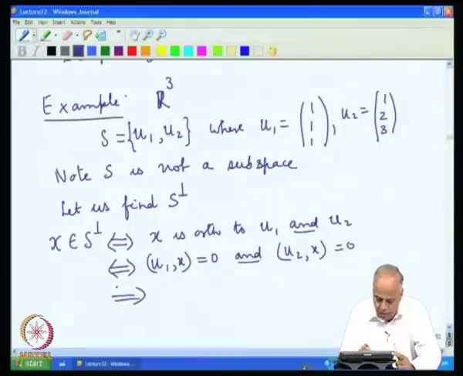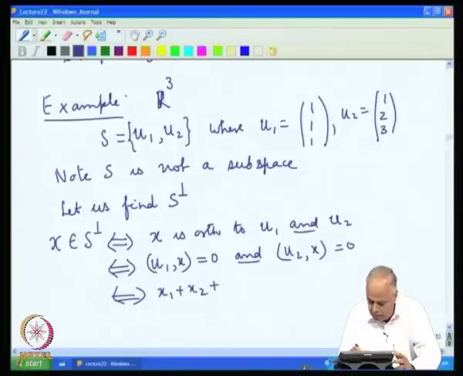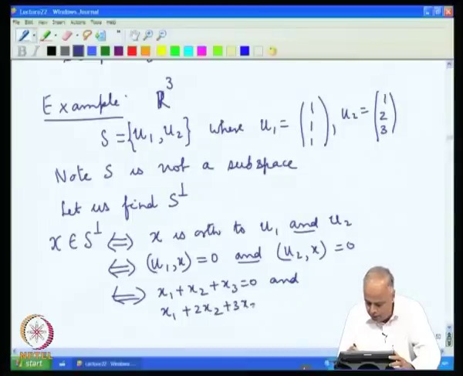Now, if x is x 1, x 2, x 3, the inner product with u 1 will give me x 1 plus x 2 plus x 3 as 0, and its inner product with u 2 will give x 1 plus 2 x 2 plus 3 x 3.